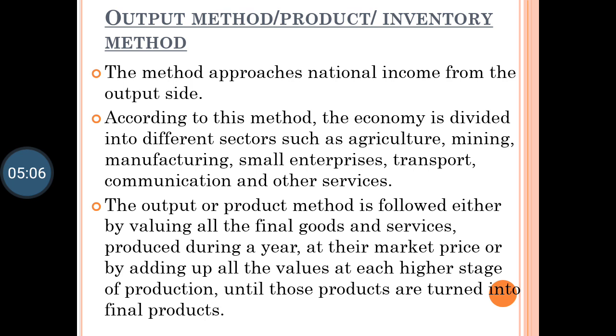That means from sugarcane, sugar is made, but we just take into consideration the final sugar price in which all the prices are included, that is raw material prices, electricity charges, sugarcane charges, processing charges, everything is included, and we take into consideration the market price of sugar. So this is final goods, where a product is finally made and we consider that amount.